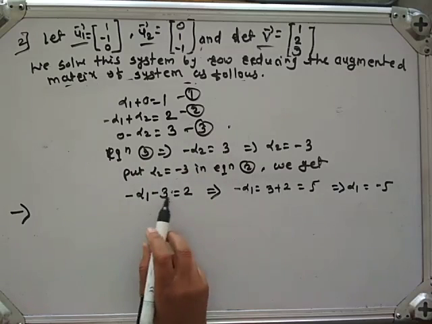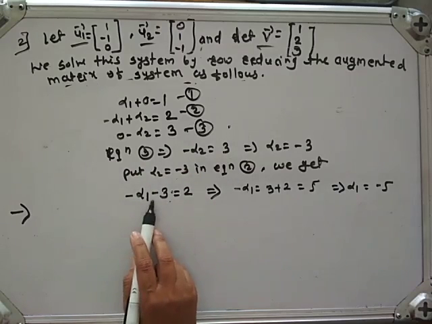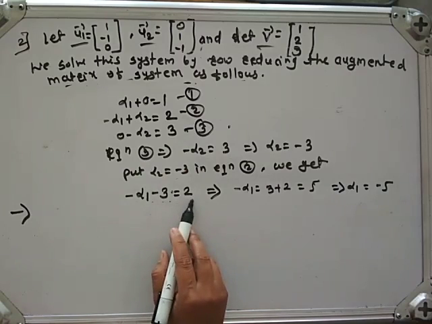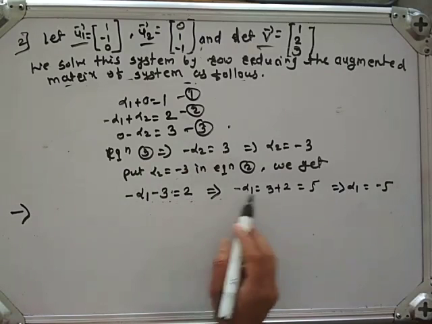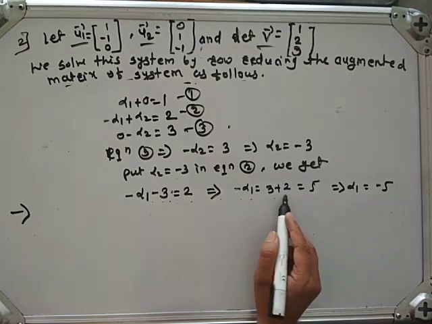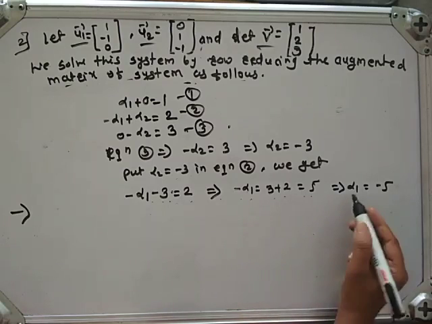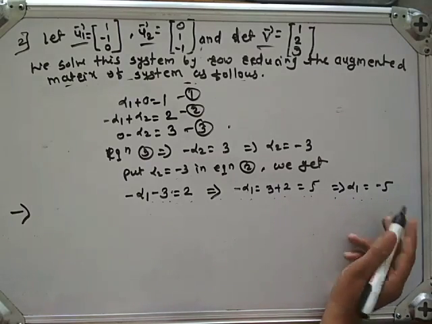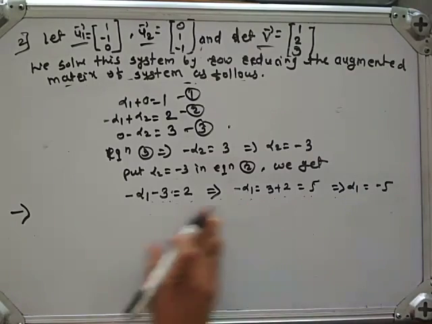If we put alpha 2 equal to minus 3 in equation 2, we get minus alpha 1 minus 3 is equal to 2. That implies minus alpha 1 is equal to 3 plus 2, which is equal to 5, so alpha 1 is equal to minus 5.